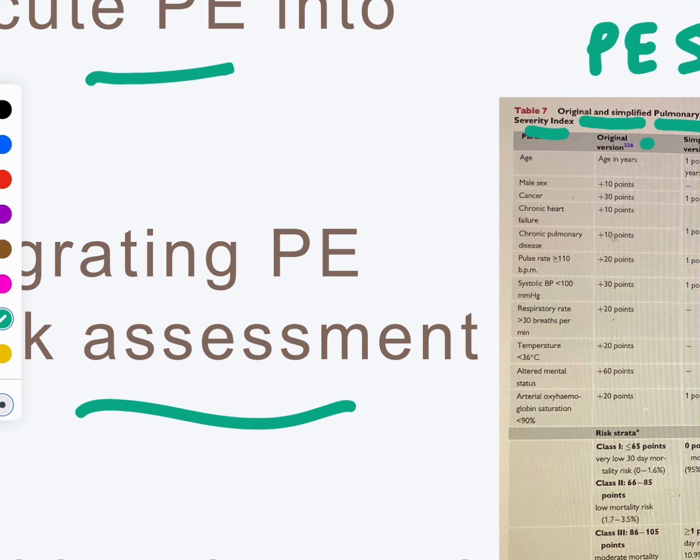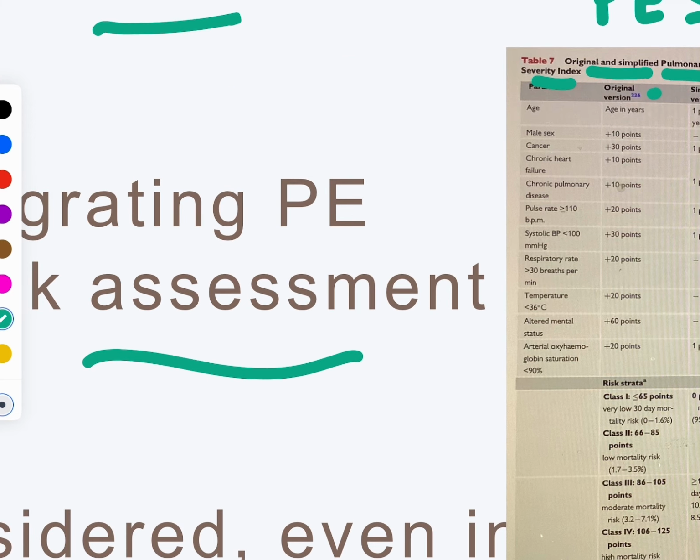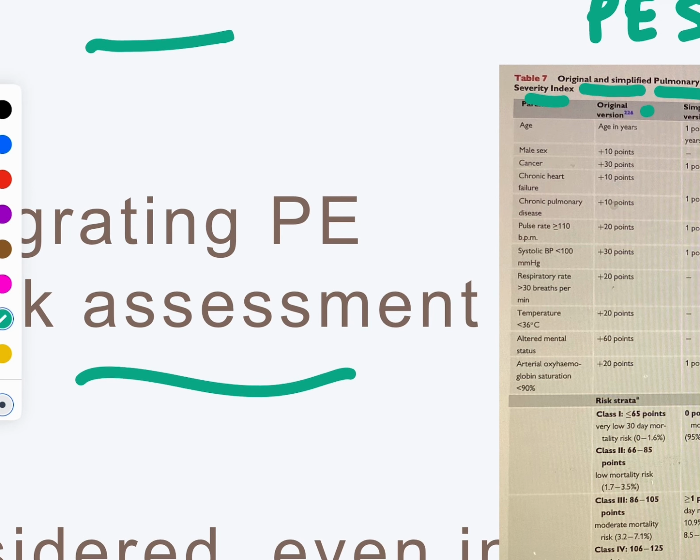It includes 1 point each, with age more than 80 years. A score of 0 points is equal to a 30-day mortality risk of 1%, and 1 or more points is equal to a 30-day mortality risk of 10.9%.